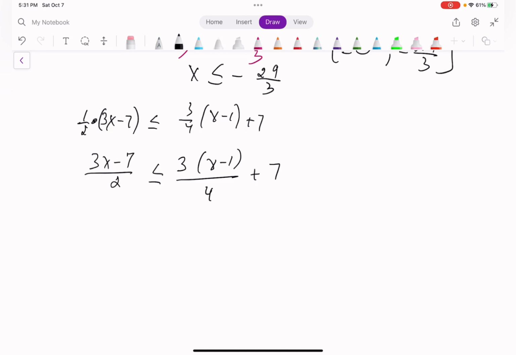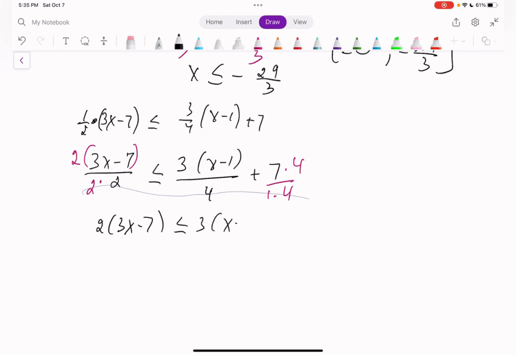So 2 and 4, the common denominator is 4, which means the first fraction we multiply by 2 to get 4. The second fraction we don't need to multiply because we have 4. And the third one, because the denominator is 1, we have to multiply by 4. And again, 4, 4, 4, and we have twice 3x minus 7 less than or equal to 3 times x minus 1 plus 28.